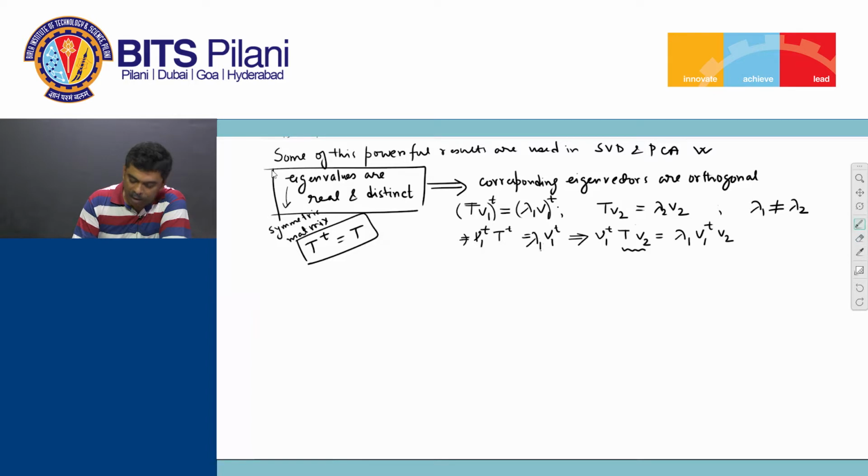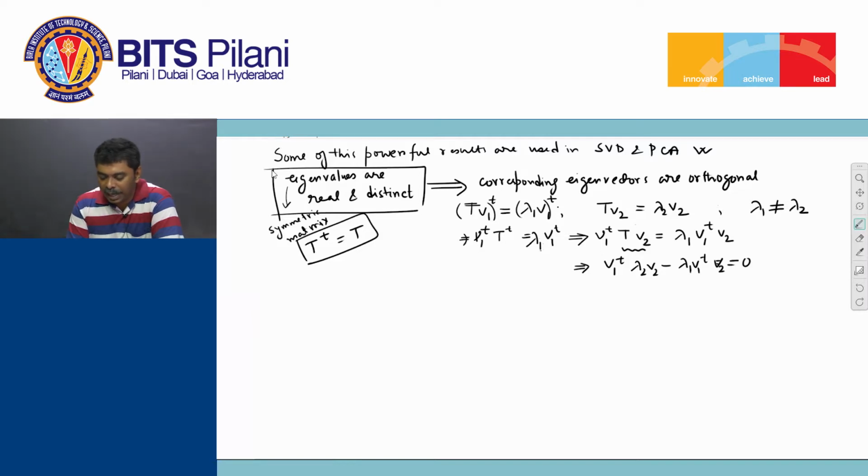Good. Then I use the information that T v2 is nothing but lambda 2 v2. So this is v1 transpose lambda 2 v2, and then I can bring everything to one side. Once again, since lambda 2 is a scalar, I can write it anywhere I want.